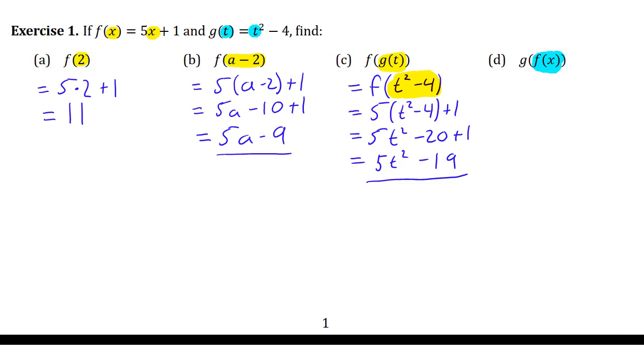That's what we're going to do with the output of f of x. And the output of f of x is 5x plus 1. So I'm going to write this now as g of 5x plus 1. And that's what we're going to square and then subtract 4.